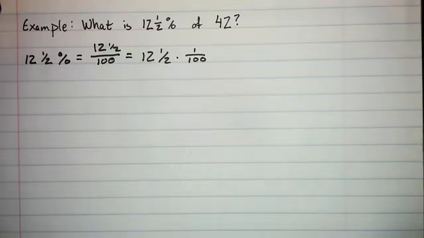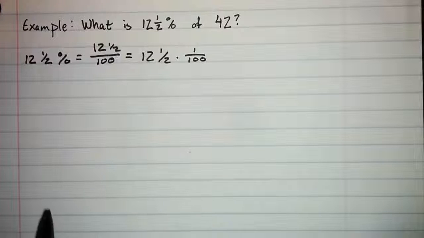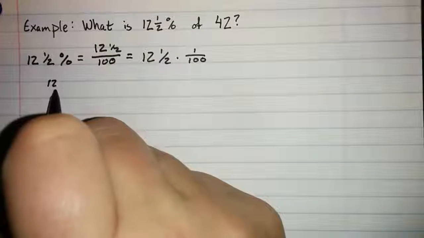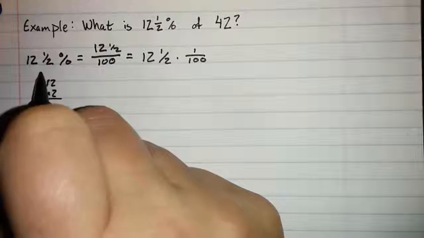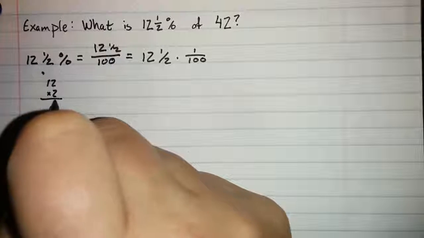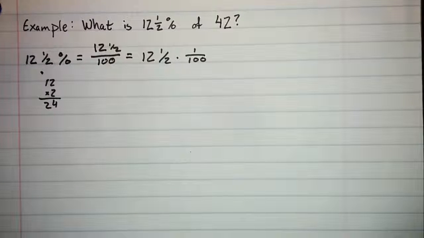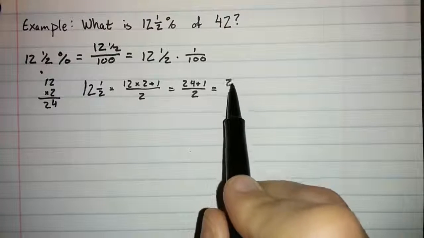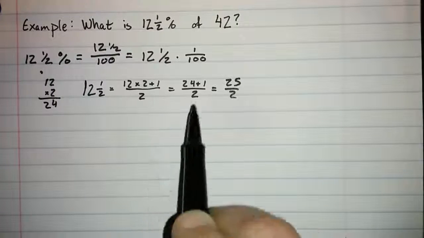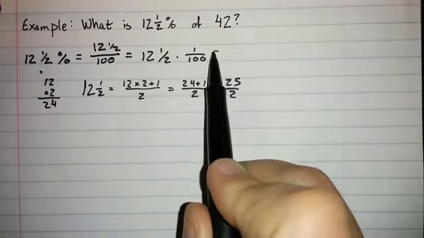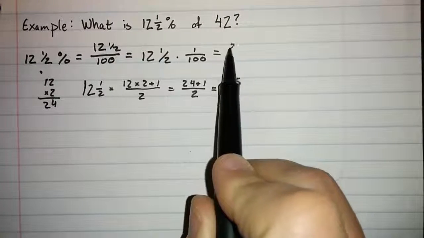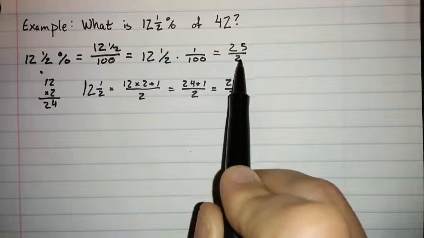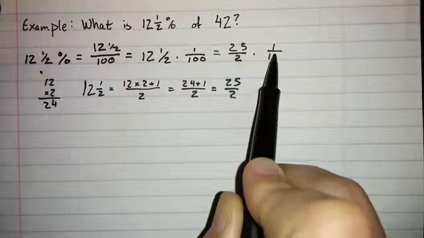I'm going to need to make 12.5 into an improper fraction. 12 times 2 is, let's see, 4, 2, 24. 24 plus 1 is 25. So this is going to be 25 over 2 times 1 over 100.